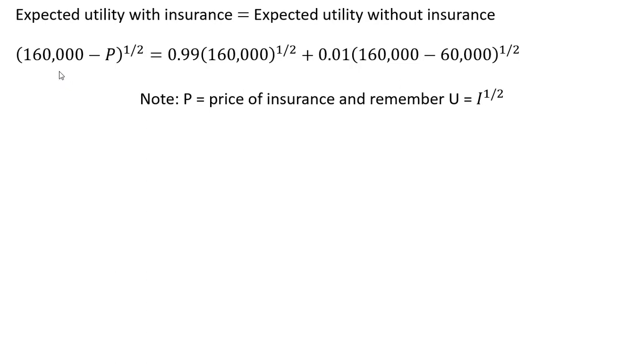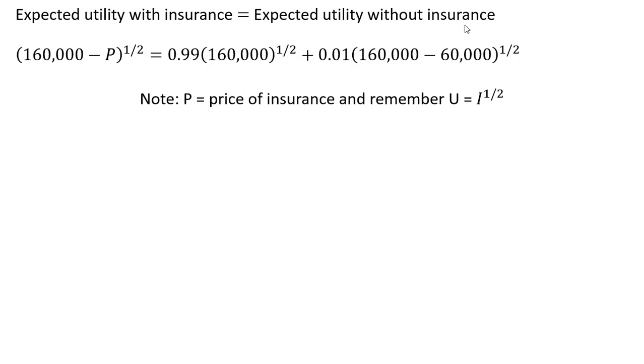So with insurance, she's going to have $160,000 of wealth, but she has to pay for it. So we're going to subtract that price for insurance from her wealth or income. And this 1/2 is just coming from the utility function. So that's the left-hand side. This is her expected utility with insurance.